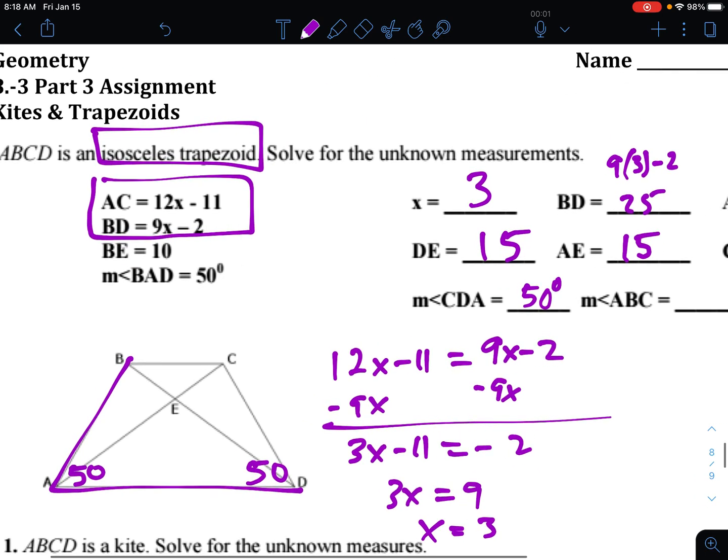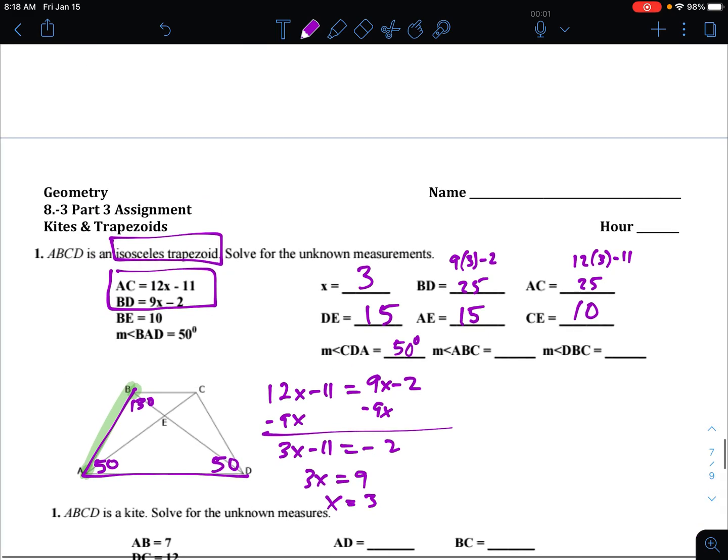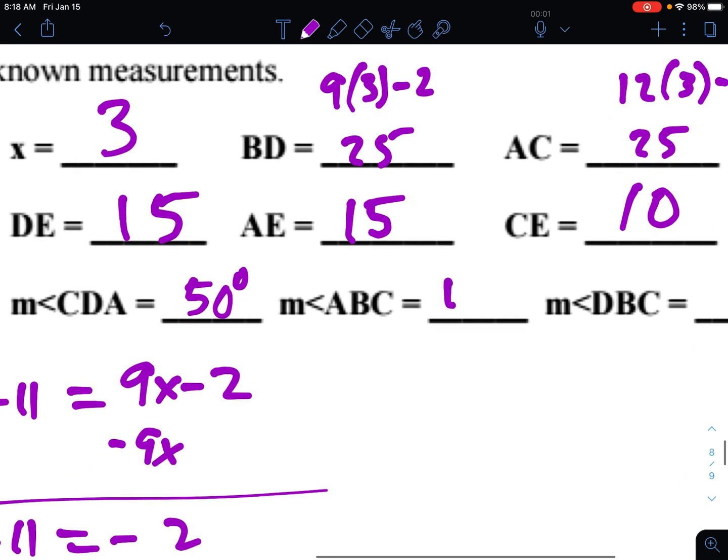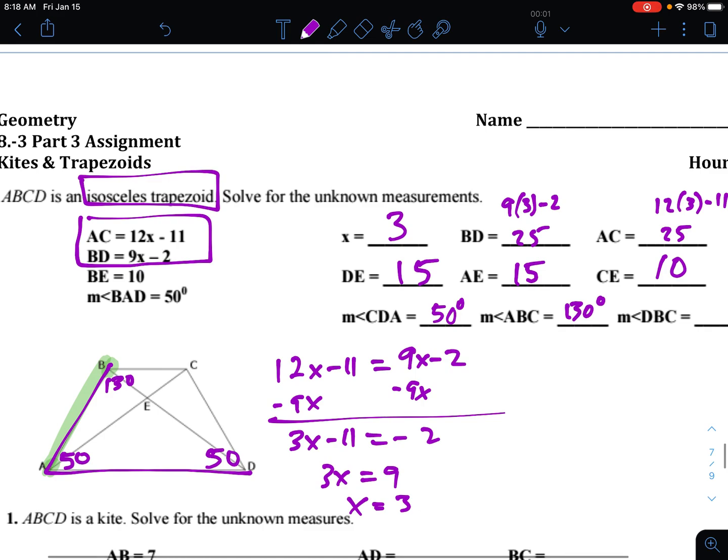ABC then, well, we said that adjacent angles along a leg are supplementary. So 50 plus 130 has to equal 180. So angle ABC is 130. And same thing with DBC.